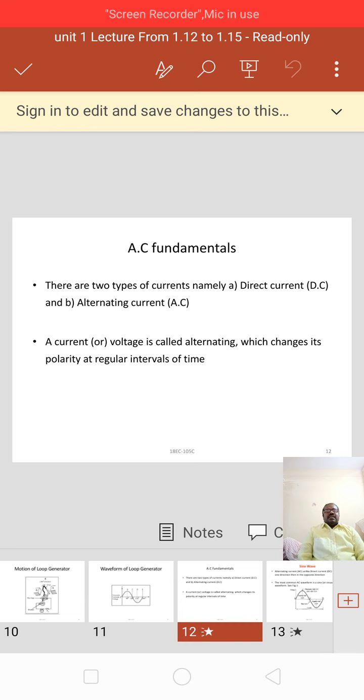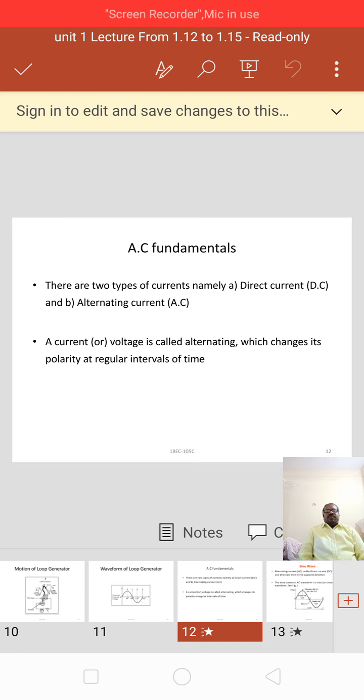Direct current is in a simplified manner and it cannot affect mankind. Alternating current does not have a fixed magnitude and it has direction, and it affects mankind and is also useful to mankind. A current or voltage is called alternating when it changes in polarity at regular intervals of time.